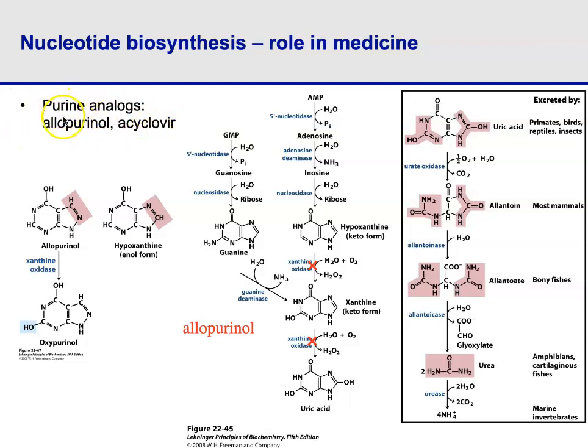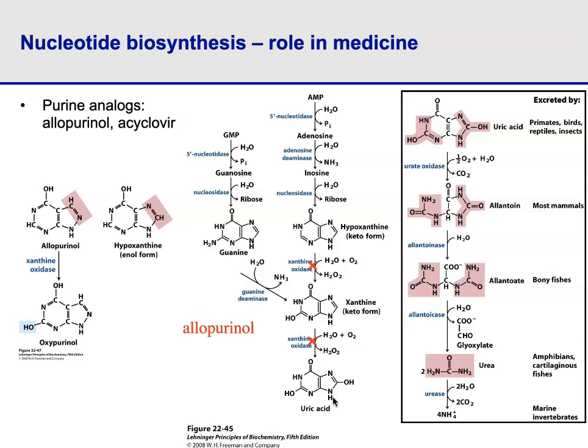But allopurinol specifically is designed to stop the production of uric acid, and people with gout have a problem with the processing of uric acid.